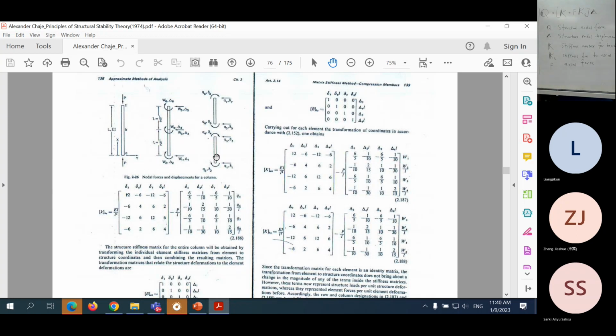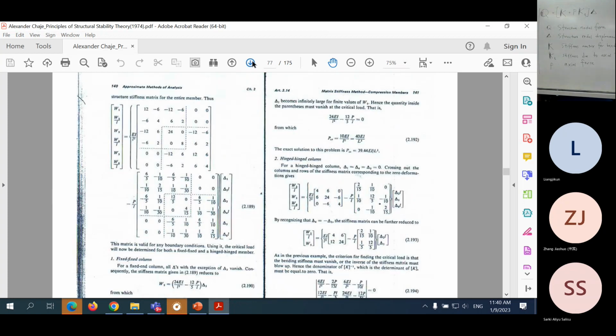Okay. Then we combine these two in order to form the combination of the two element stiffness matrices. When we combine them, you are going to get a structure stiffness matrix. This is the final after combination.